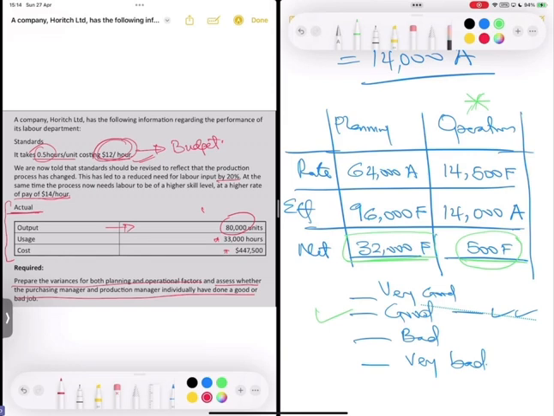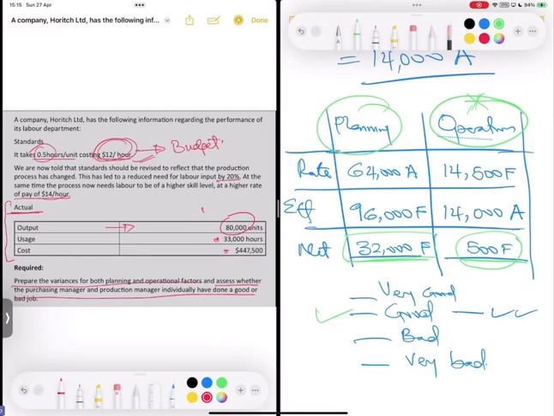Only time and chance gave us 32,000 favorable. And that is the essence of doing planning and operation variances, because we're able to separate chances from efforts, controllable factors from uncontrollable factors.